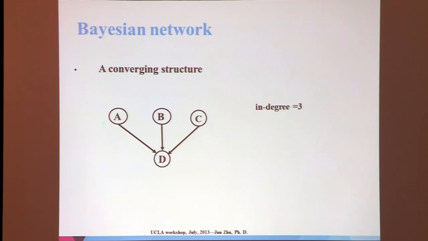If you capture this network using continuous data, the underlying model is the linear Gaussian form. Yeah, that's correlated. But there's also a nonlinear function. They're not necessarily correlated. So this one we call the in-degree. That mainly captures how many parents it has.